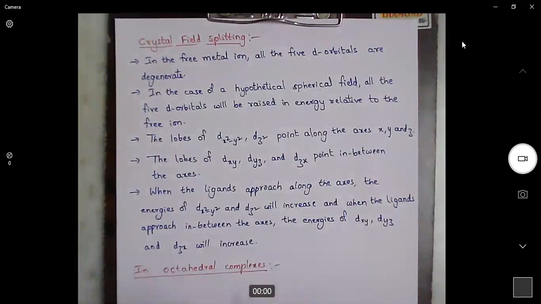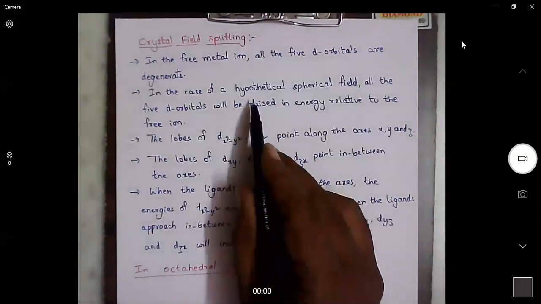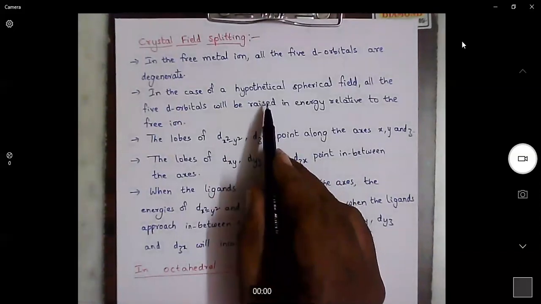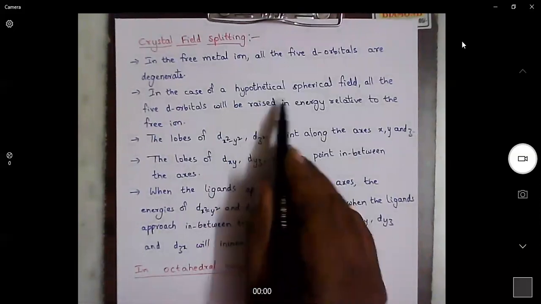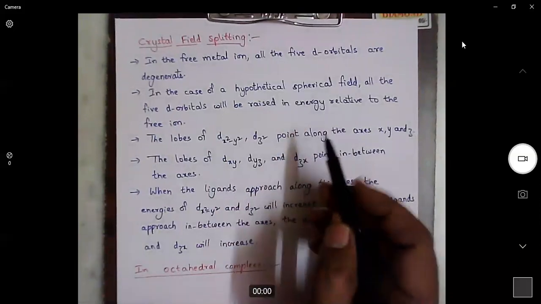Imagine a ball, the surface is ligands, and at the center of the sphere, the metal ion is there. Of course it is a hypothetical case, because in reality this spherical field will never exist.